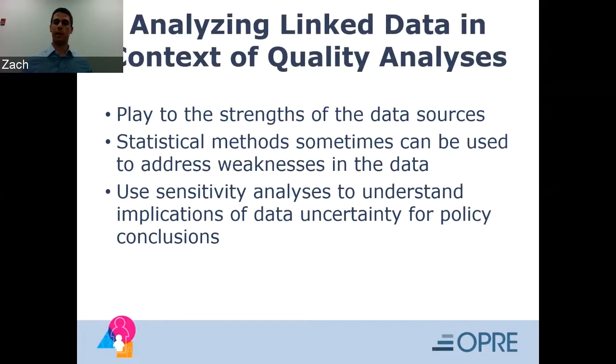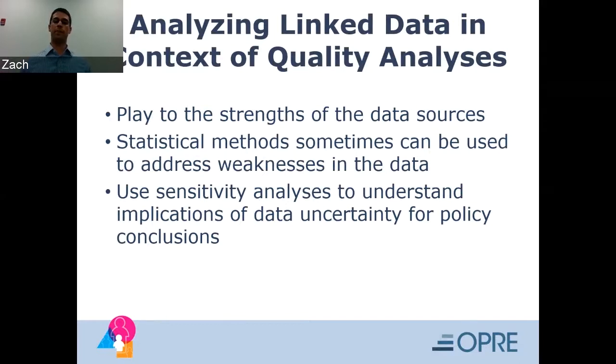And then if you're just using the data as an independent variable, you don't have as strong requirements of your data source. So there, I would definitely advocate using statistical methods to adjust. If you have missing data, commonly people are using combined linked administrative data and survey data, and then using imputation to fill in where the administrative data are missing.